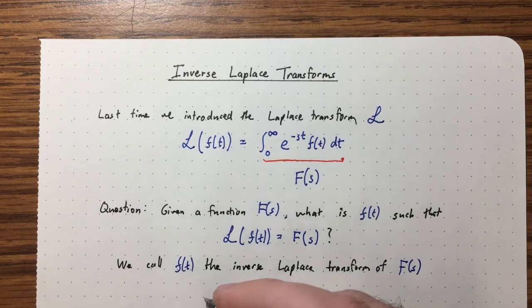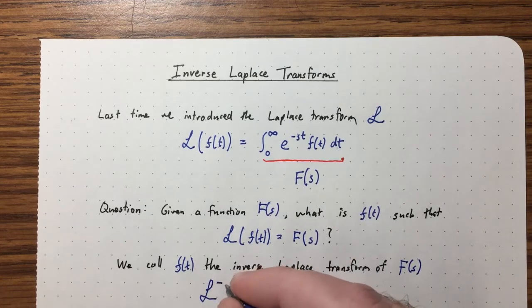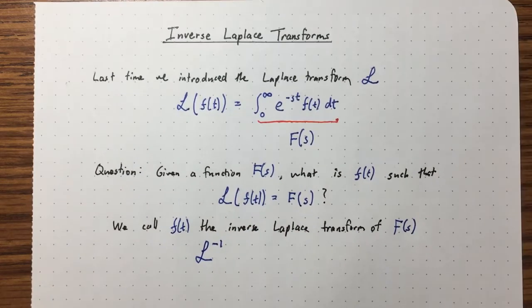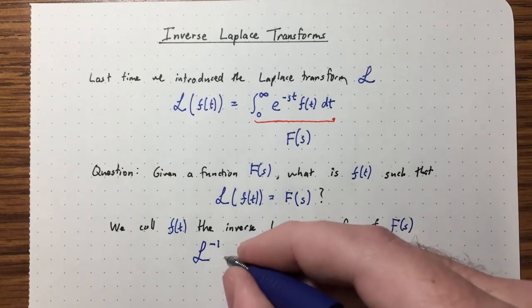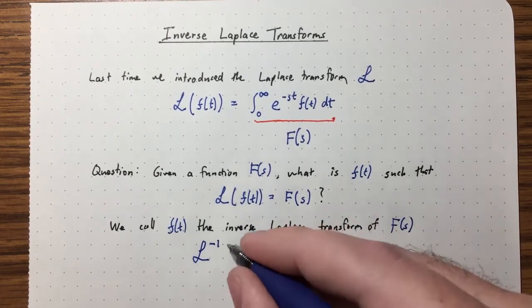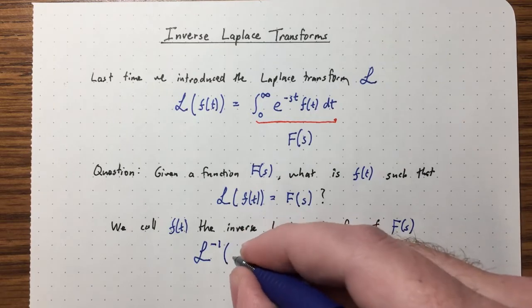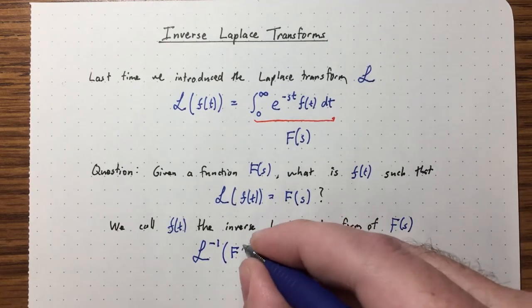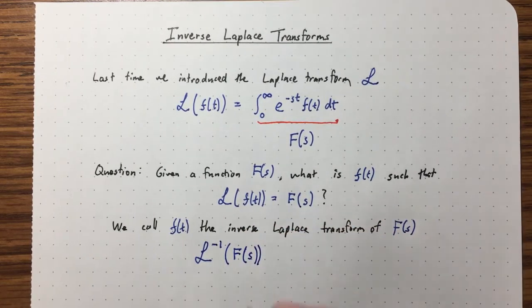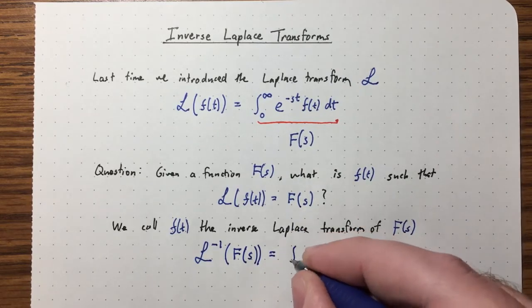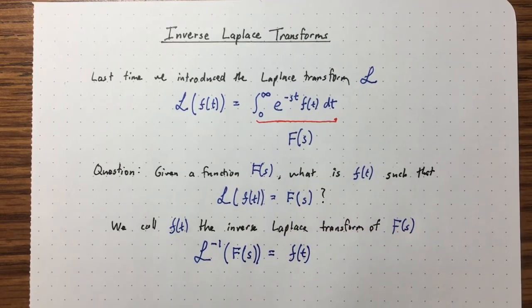And we write it like this: L inverse, so L to the negative 1 power, denoting the inverse Laplace transform. For the inverse Laplace transform, we input the function of s, and we get a function of t.